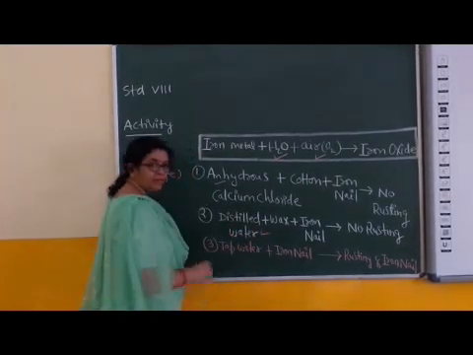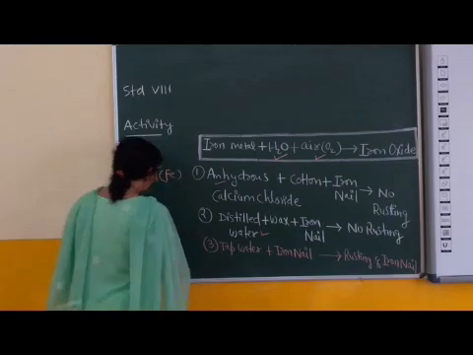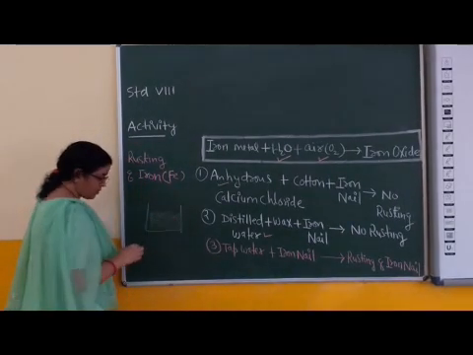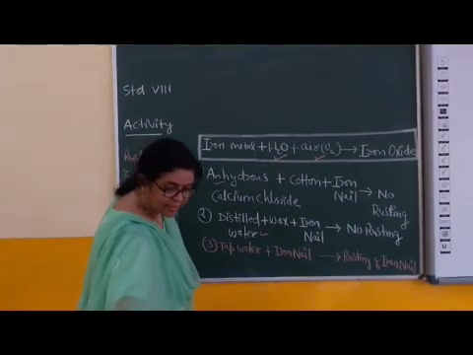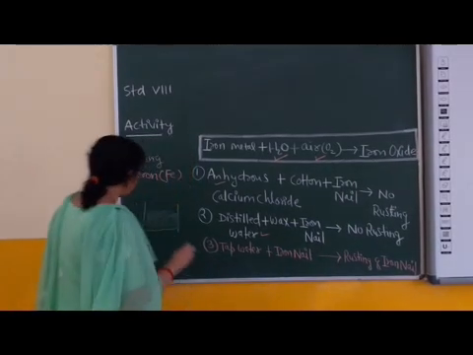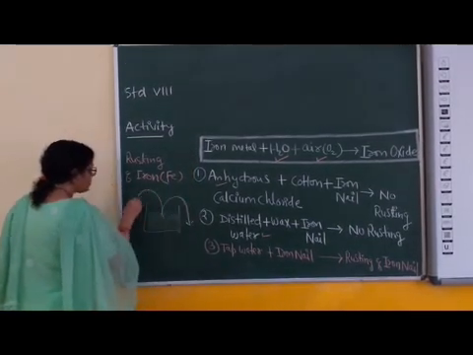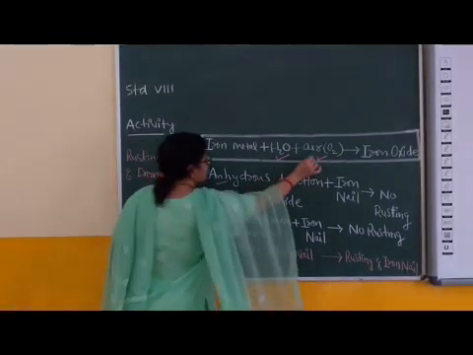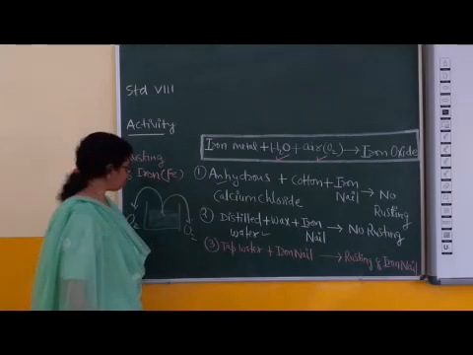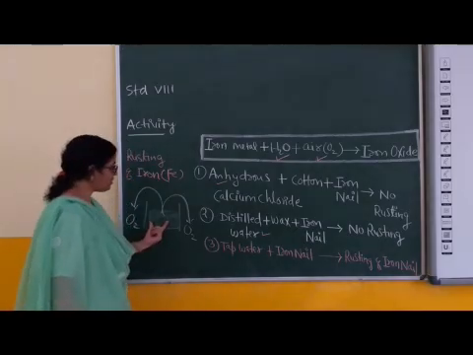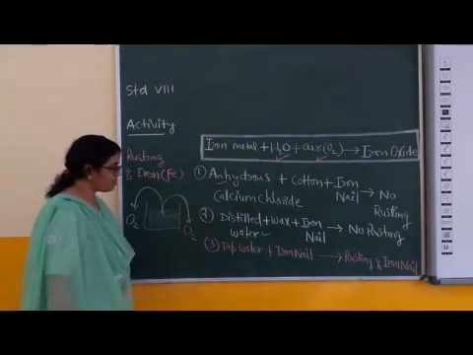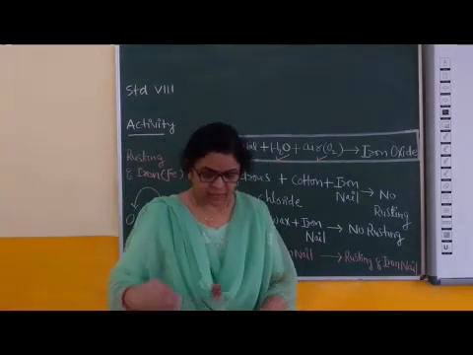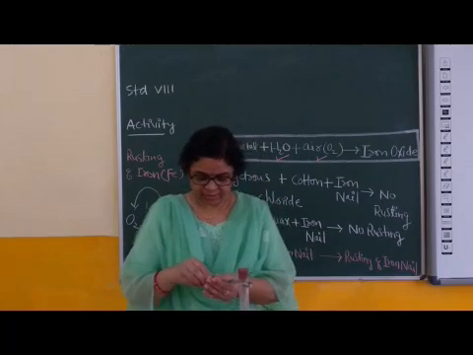It means water without oxygen. After boiling of water, what happens? Complete removal of oxygen gas, and this O2 is required for rusting or corrosion. Boiled water is also called distilled water. Right? First, what is written? Distilled water or boiled water. This one.